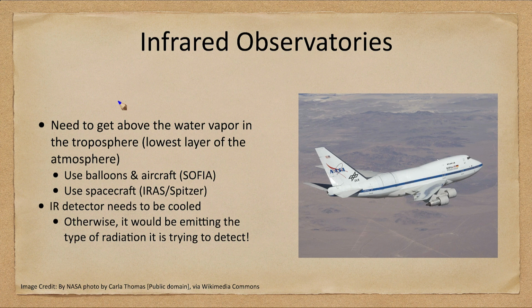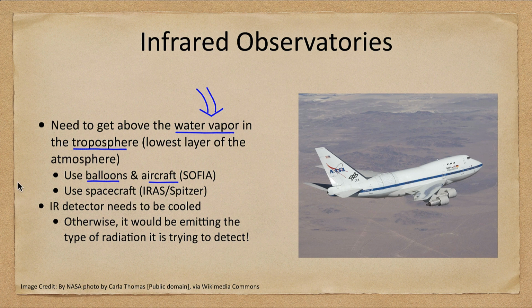In order to observe in the infrared, we need to get above water vapor. Water vapor is very good at absorbing infrared light. So we need to get above the troposphere, which is the lowest layer of the atmosphere. There are a number of ways this can be done, including using balloons and aircraft such as SOFIA pictured here, which is an aircraft that flies high up in the atmosphere to be able to observe infrared light, getting up above that water vapor.